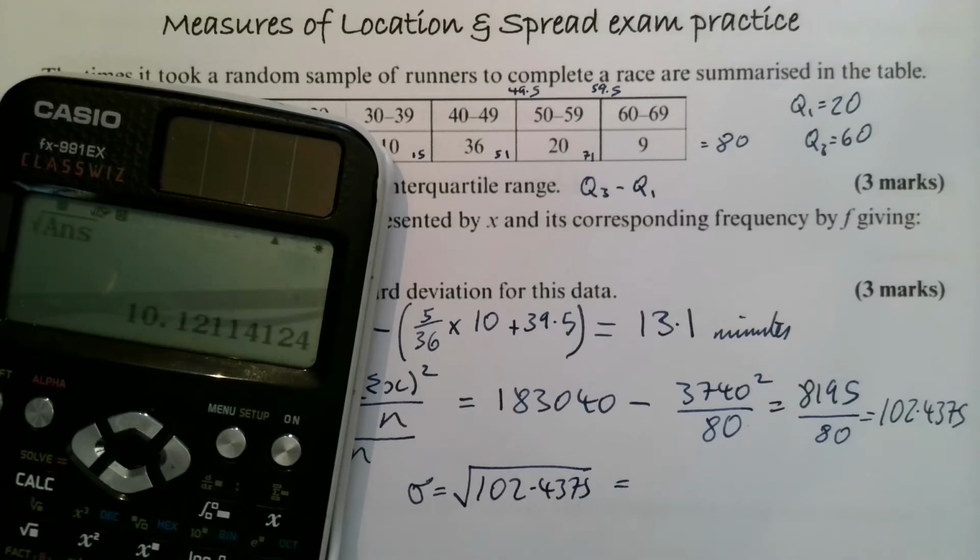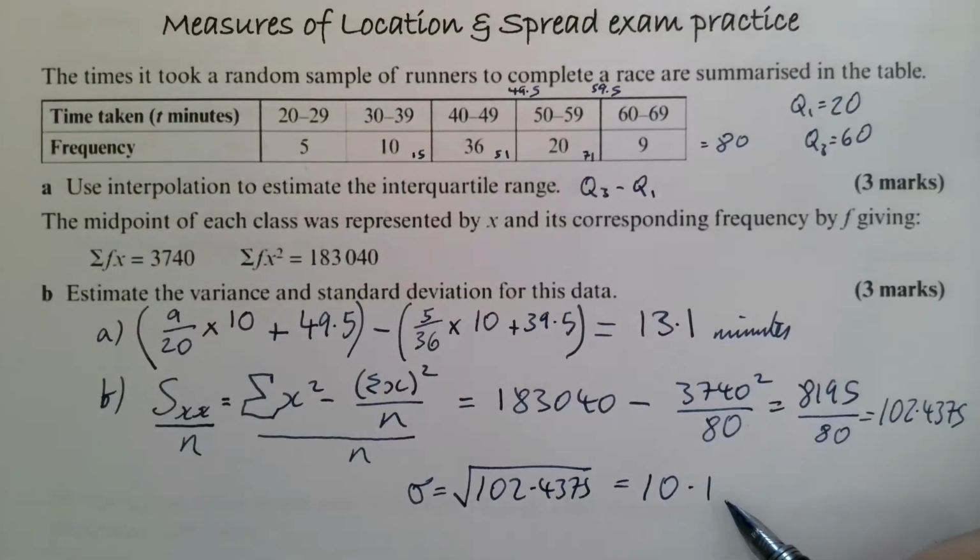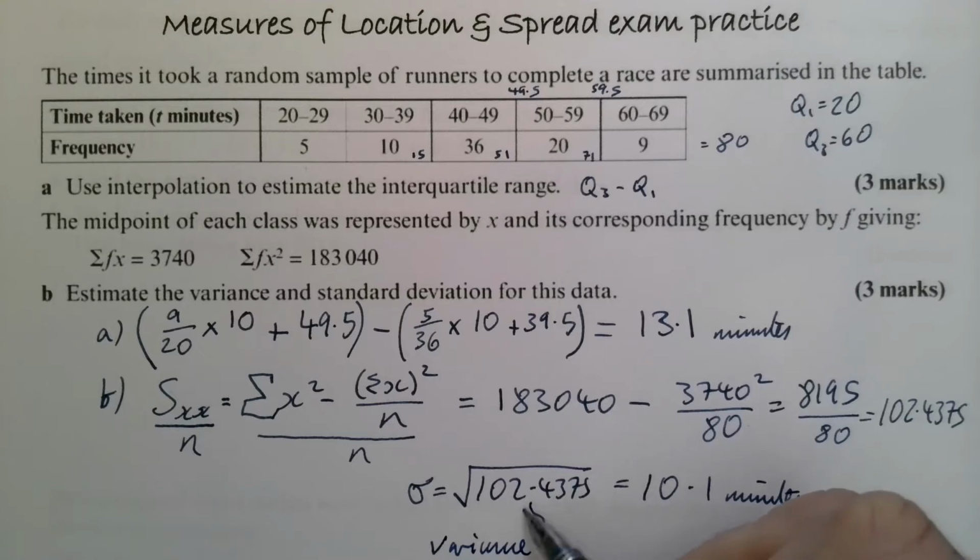Answer equals 10.12 or 10.1. And that's 10.1 minutes, isn't it? So the variance was that, wasn't it? Okay, right. That's the end of the first question. Moving on in a moment.